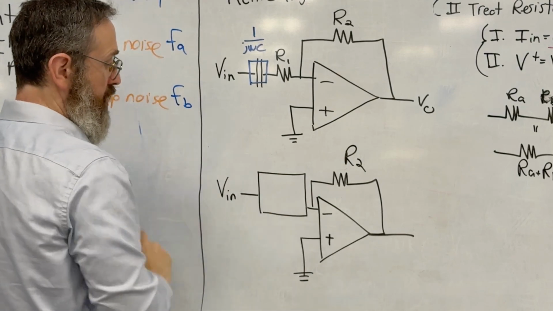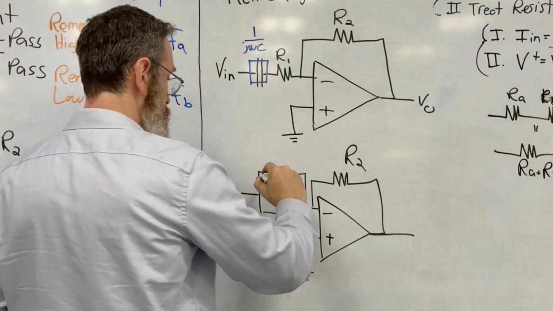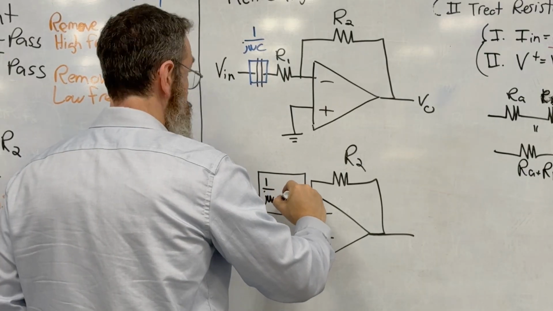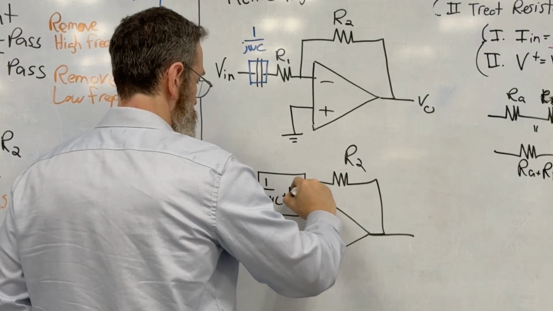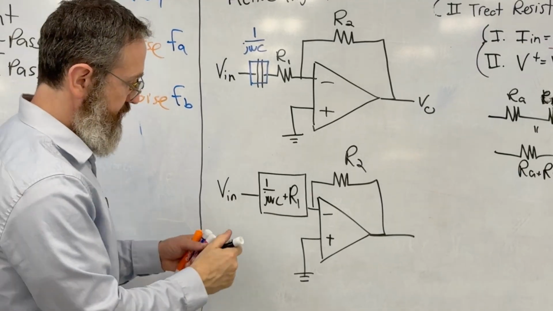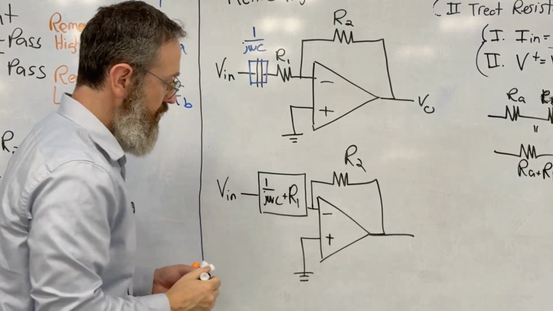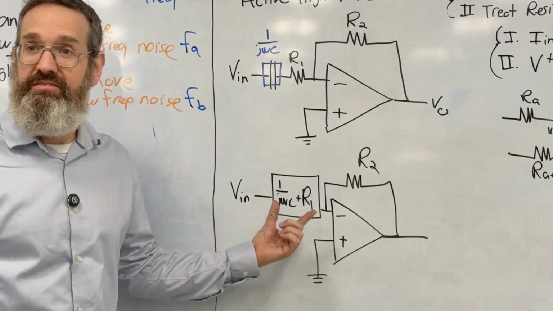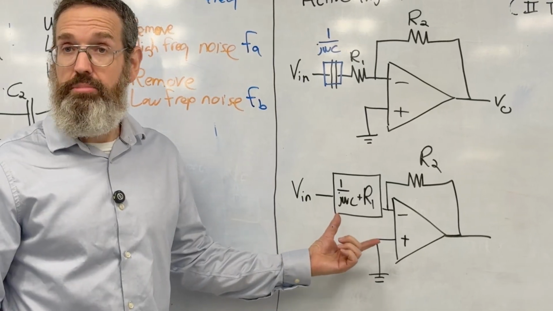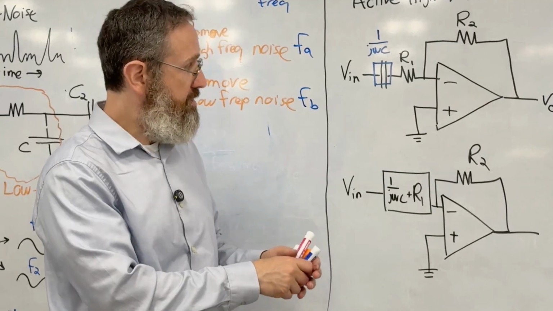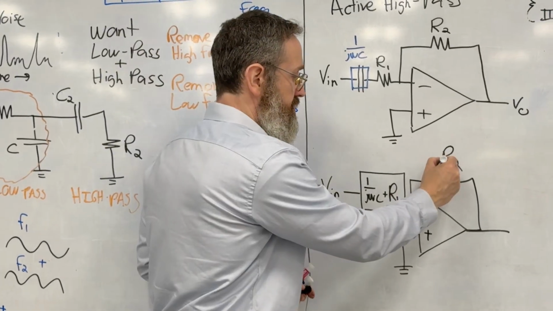And in this block, I have a resistor which has the value 1 over JWC plus R sub 1. There is a single resistor, hope that's clear, right? There's a resistor here that has this value. It is a number, it's a complex number, but it's a number. And there's another resistor here. Well, this one hasn't gone anywhere, right? It's the same old resistor.